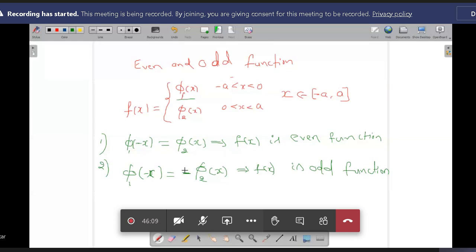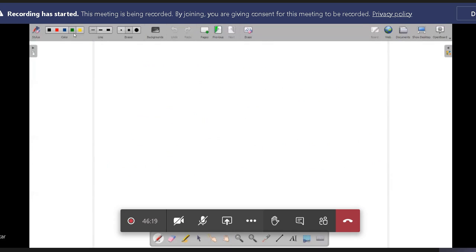Now there is another case, if it is not defined in the interval minus a to a. Suppose this f of x is defined like this: f of x is equal to phi1 of x in the interval 0 less than x less than a, and phi2 of x in the interval a less than x less than b.